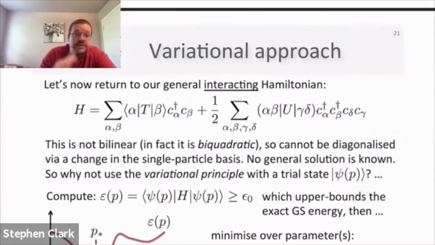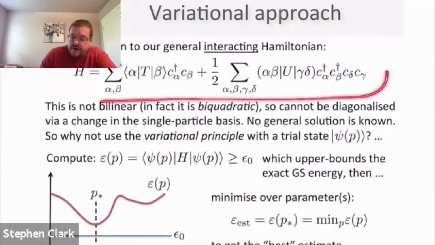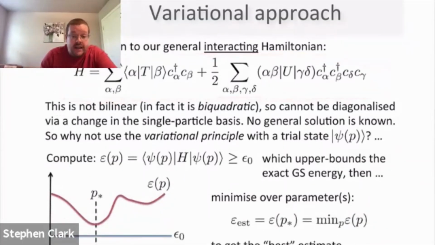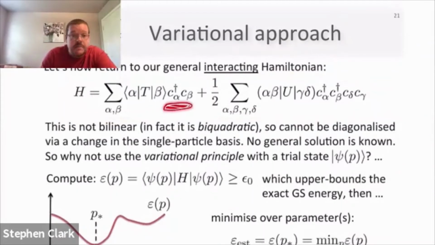Let me just recap what the variational principle is in case you can't remember from earlier. This Hamiltonian is not bilinear, so we can diagonalize this bit by doing a single particle transformation, but no single particle transformation will ever diagonalize this bit. So it's too complicated for the process we've been previously describing.